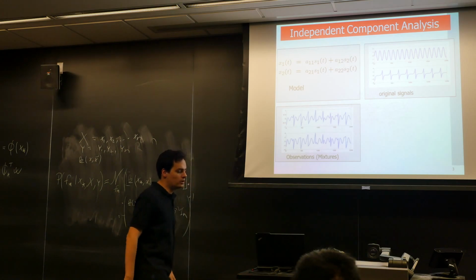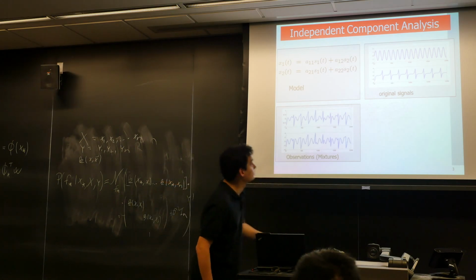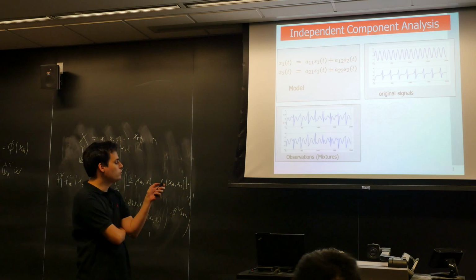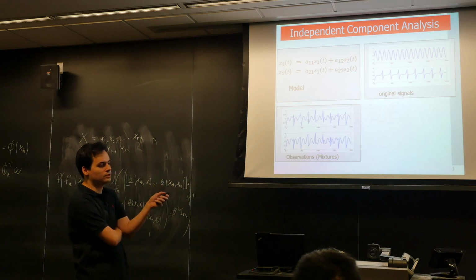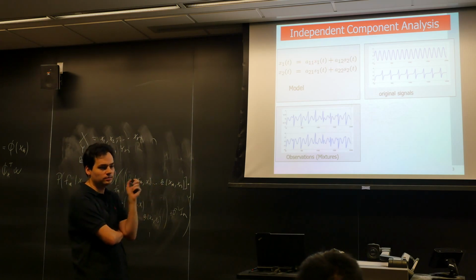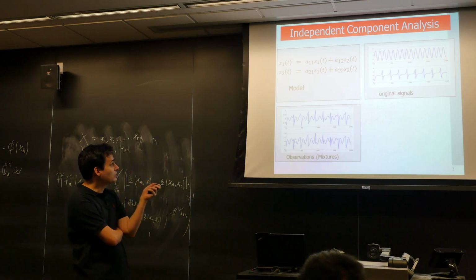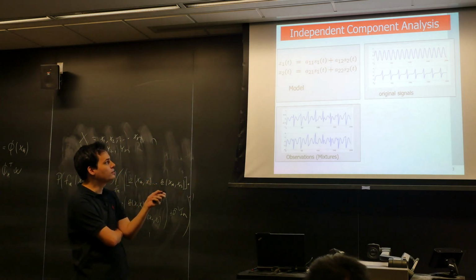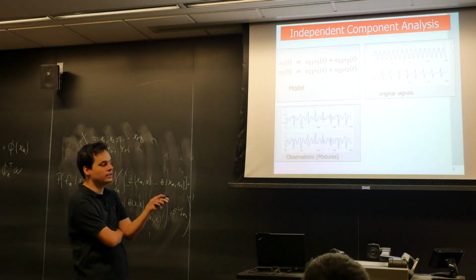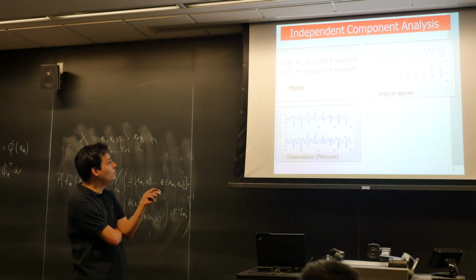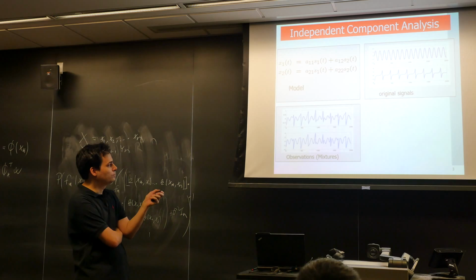So here is the goal that we want to solve. Say you have two signals, S1 and S2. They are time series, okay? And someone mixed these two signals with mixing coefficients A11, A12, A21, A22, and you only observe X1 and X2.